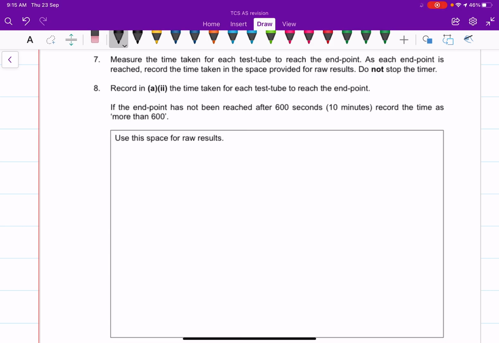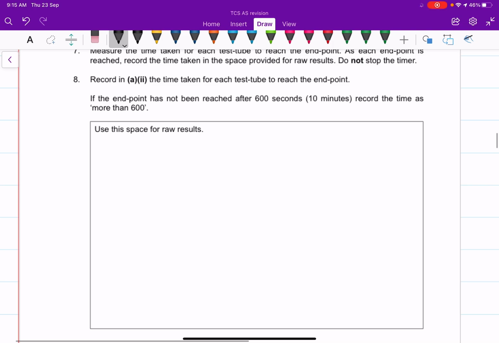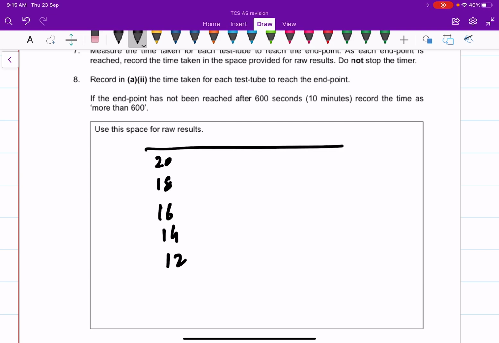Before you carry out this step number 6, you should make some preparations here, as I said earlier: the percentage concentrations 20%, 18%, 16%, 14%, 12% should be written here, and you should write start time and end time.